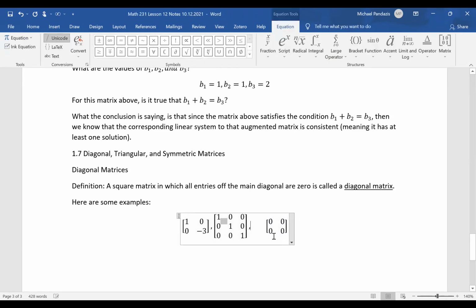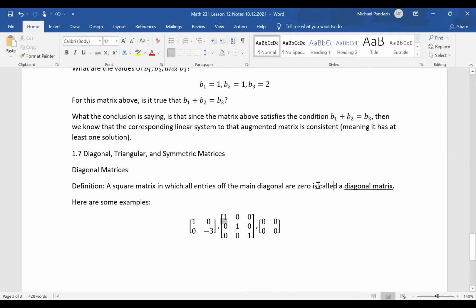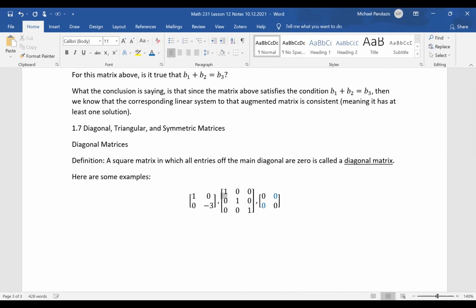The zero matrix is also a diagonal matrix, because the only thing you need to be a diagonal matrix is to be square, and all the entries off the main diagonal are 0. So you need this entry to be 0, and you need this entry to be 0 in order for it to be a diagonal matrix. There's no restriction on the entries on the main diagonal. And so if all the entries on the main diagonal are also 0, making a zero matrix, it's still a diagonal matrix. So all three of those are examples of diagonal matrices.